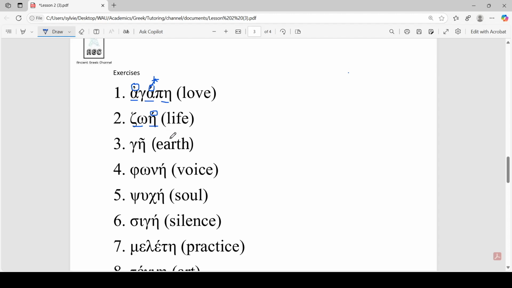Why isn't it a 1-syllable word? Because there are 2 vowels. Though they are 2 vowels, they cannot combine in 1 syllable since they don't form any diphthong. That's why we have 2 syllables here. Zoe, that's the right pronunciation for the word that means life in Greek.